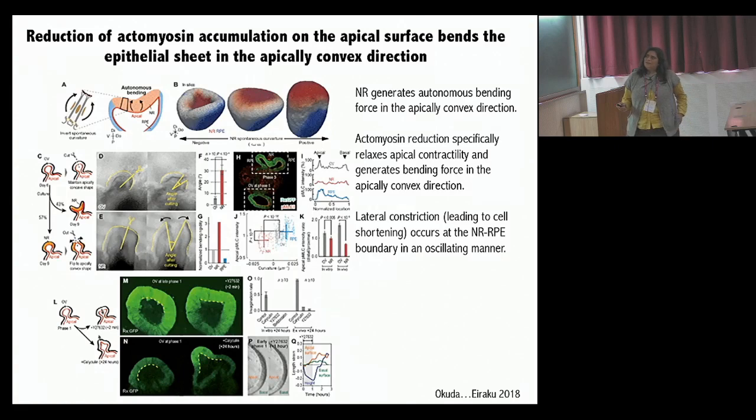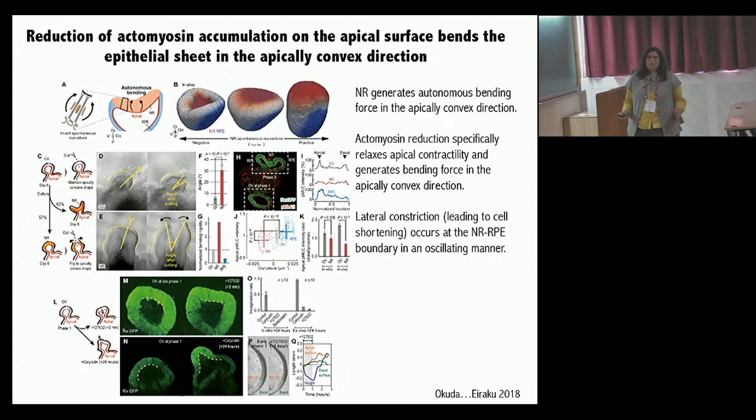So this allowed them to argue that in a dish, in the absence of all these external signals, the neural retina generates autonomous bending force in the apically convex direction, and that actomyosin reduction relaxes apical contractility, and this contributes to its bending in the convex direction.